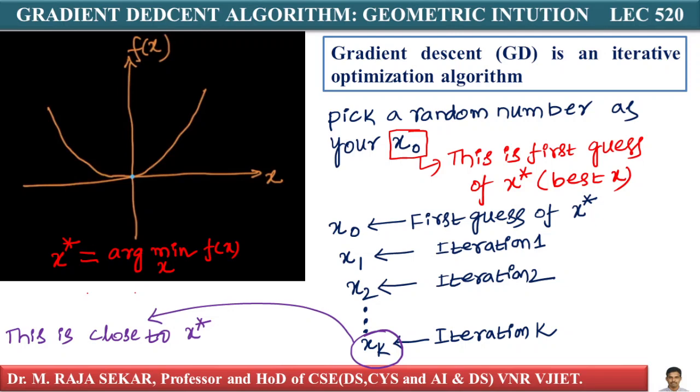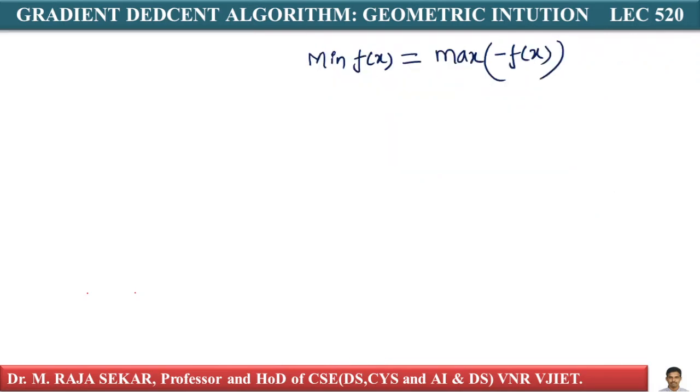Always remember, if you want to minimize the function, minimization of f of x is equivalent to maximization of minus f of x. This is a very simple rule in optimization: maximization of f of x is the same as minimization of minus f of x.